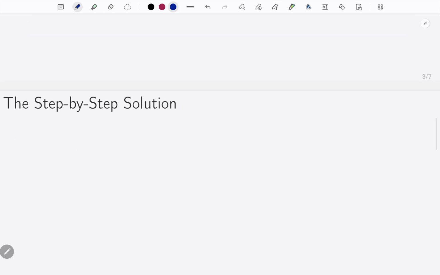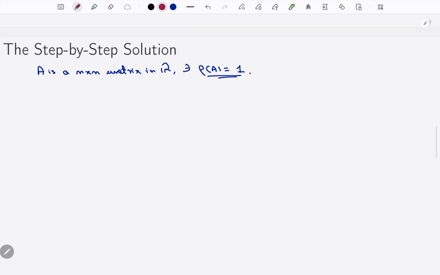So what are the things given to us? We are given that A is an n cross n matrix in R, with real entries, such that rank of A is 1. That's the most important thing given to us. What do we mean by rank of A being 1? Let us quickly recall something.